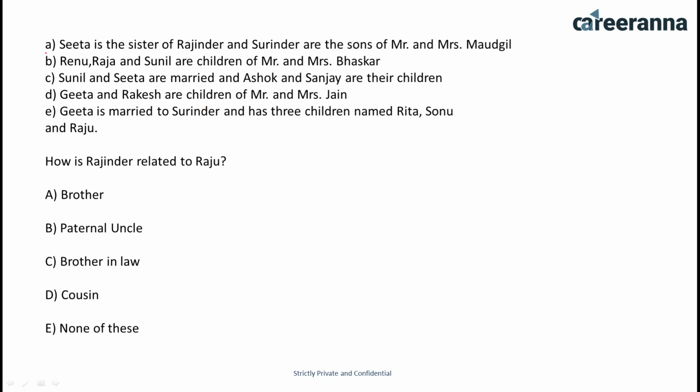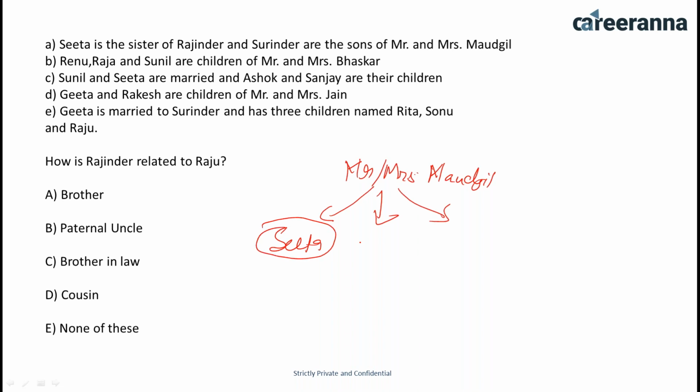If we start from the first, Sita is the sister of Rajendra and Surendra, who are the sons of Mr. and Mrs. Mudgal. So here is going to be Mr. and Mrs. Mudgal, and they have 3 children, 2 sons, Rajendra and Surendra, and Sita is their sister.